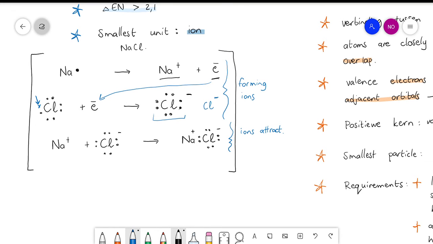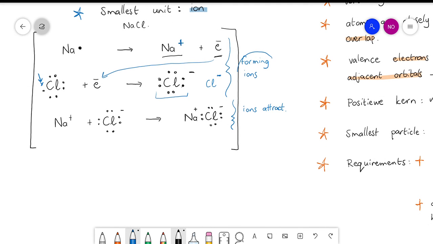So it becomes a chlorine ion, and the sodium here has one less electron than it has protons in its nucleus, so that becomes plus. So the first step is the forming of the ions. Onthou, dit gaan altyd die metaal wees wat sy elektron verloor, en die nie-metaal wees wat die elektron optel, and then once those are formed, they can go and they have Coulomb forces between them.